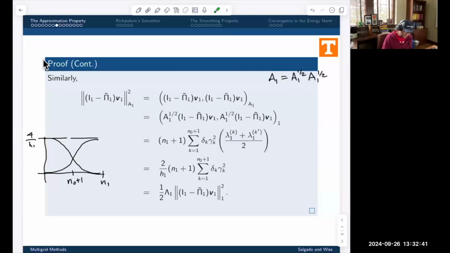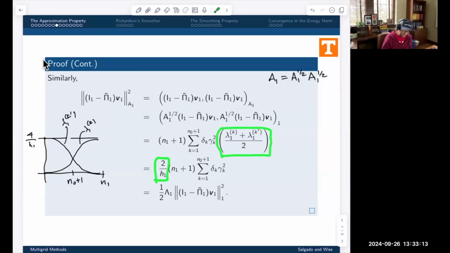So I'm going to get 2 over h1 when I compute the average. So the average is just right here through the middle. So that's a picture approach to why, and again, this is going to be lambda 1k, and this is lambda 1k prime. It's a pictorial approach or proof that when I average it, it gives me this number here exactly, 2 over h1.